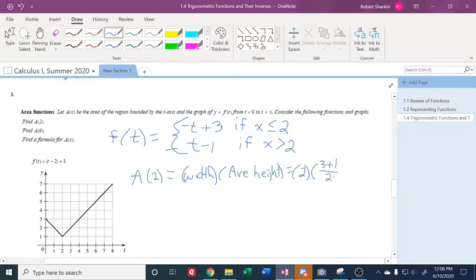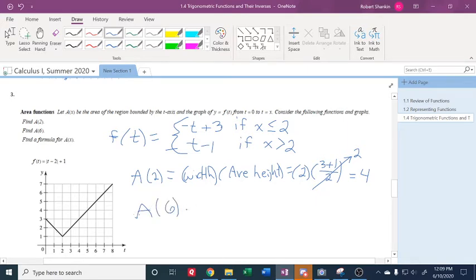You find the average by adding them together and dividing by 2. So this turns out to be 4 divided by 2, which is 2. So 2 times 2 then is 4. And that's exactly the same thing we'd have found if we just counted the rectangles. There's 1, 2, 3, and then these two make 4 little rectangles.